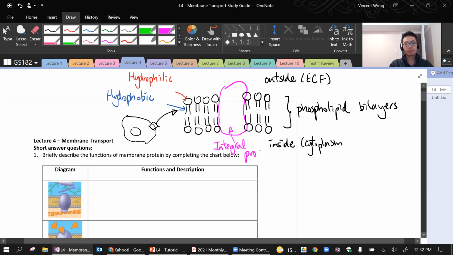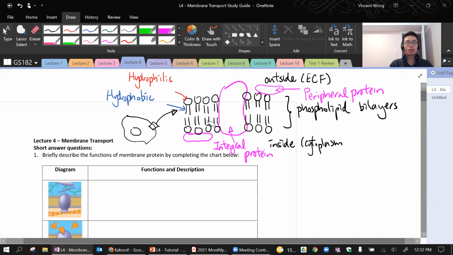Sometimes you would have a protein just stuck on one side, either on the inside or on the outside. Instead of going all the way through, we call these peripheral proteins. They all have different functions.